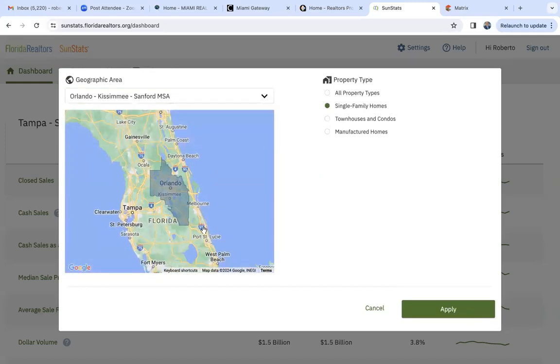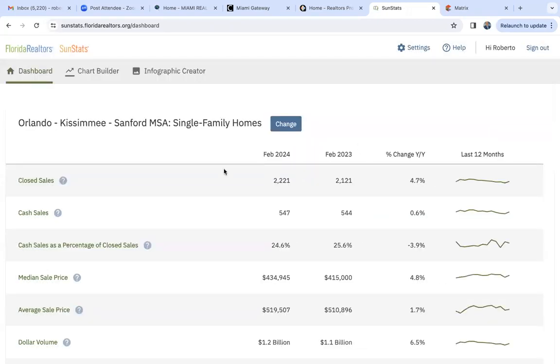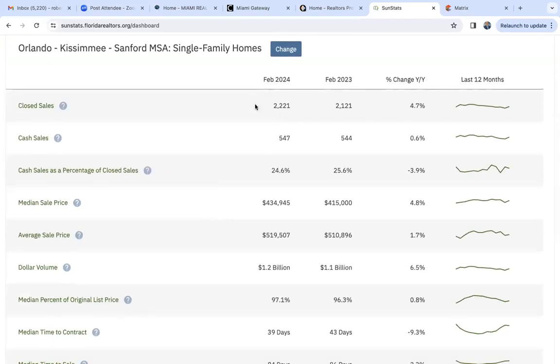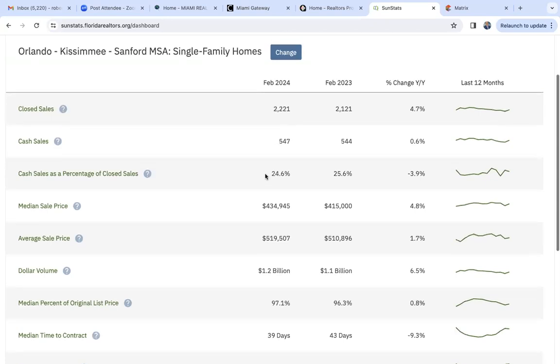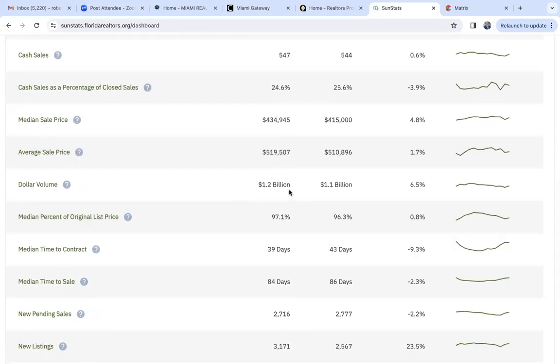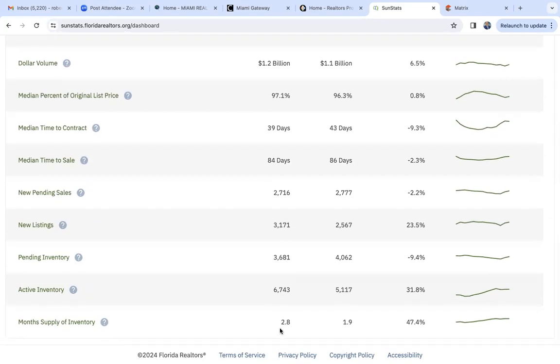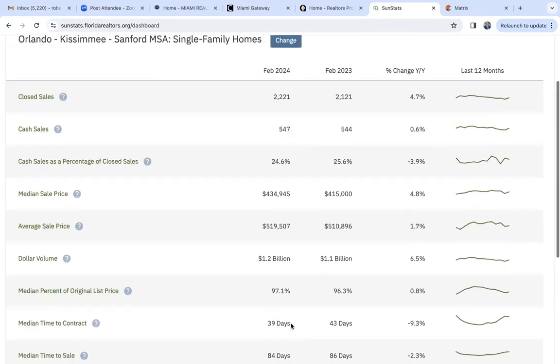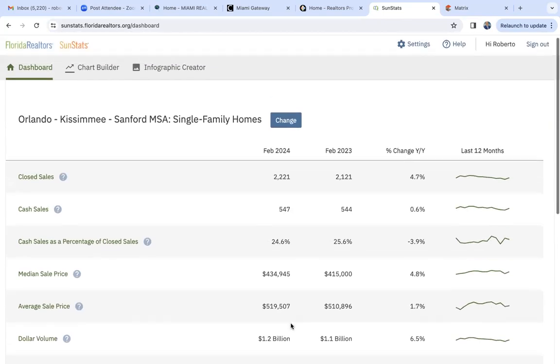Click on apply. We had fewer sales in this area than in Tampa, and our dollar volume went from 1.5 down to 1.2 billion. In the Orlando area we're still holding steady at 2.8 months of inventory, so it's pretty much the same as Tampa. However, Tampa does have more dollar volume and more sales volume.